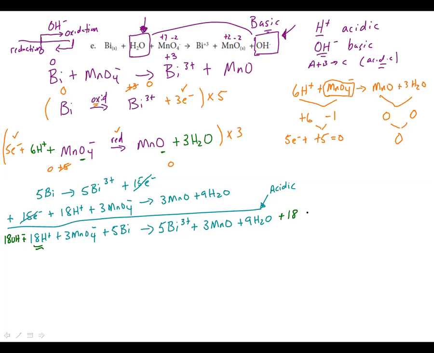So 18 OH minuses to this side. At this point, these H pluses and OH minuses will come together to give you 18 waters. Everything else will remain the same.